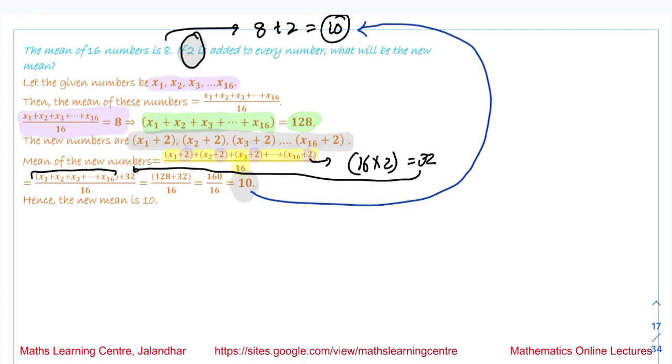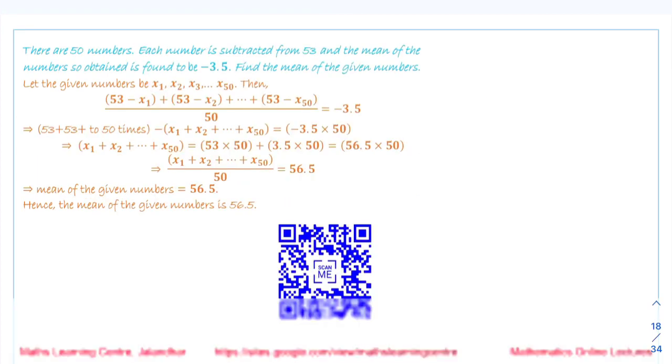The next question we have: there are 50 numbers. Each number is subtracted from 53 and the mean of the numbers so obtained is found to be minus 3.5. So suppose the numbers that we have are x1, x2, x3 up to x50, and each number is subtracted from 53.